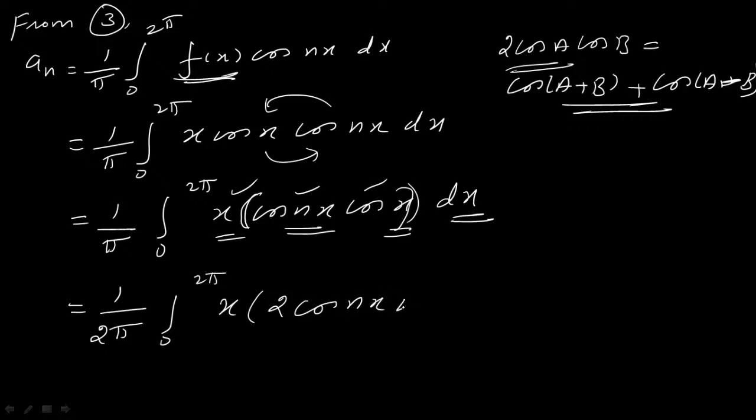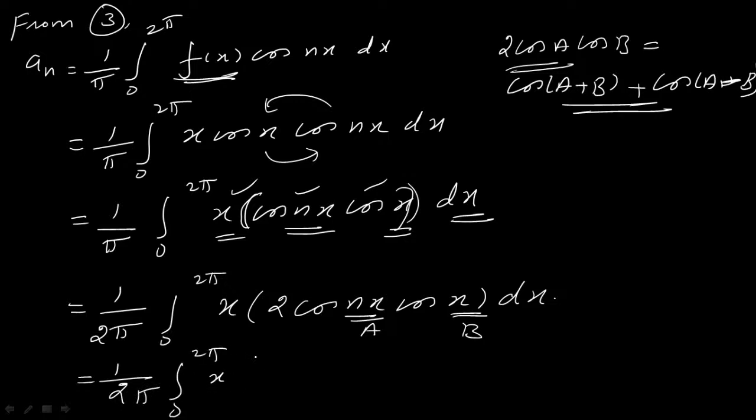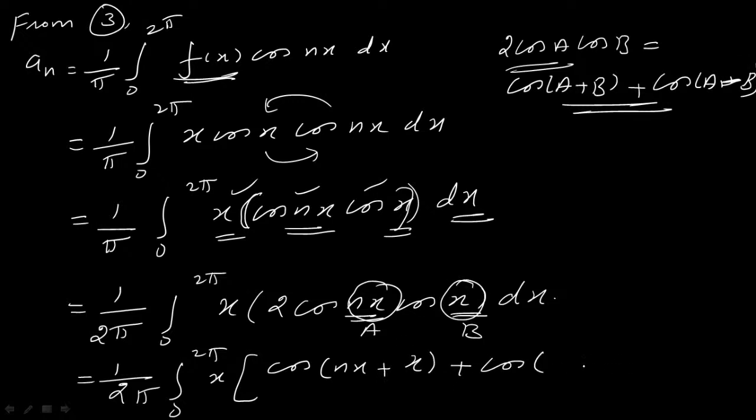Okay, that doesn't affect the value of the integral. So cos nx cos x dx. This is of the form 2 cos A cos B. Instead of A, here you have nx. Instead of B, here you have x. So in the next term, 1 by 2 pi integral 0 to 2 pi x times cos (A plus B), that is nx plus x, plus cos (A minus B), that is nx minus x, dx.